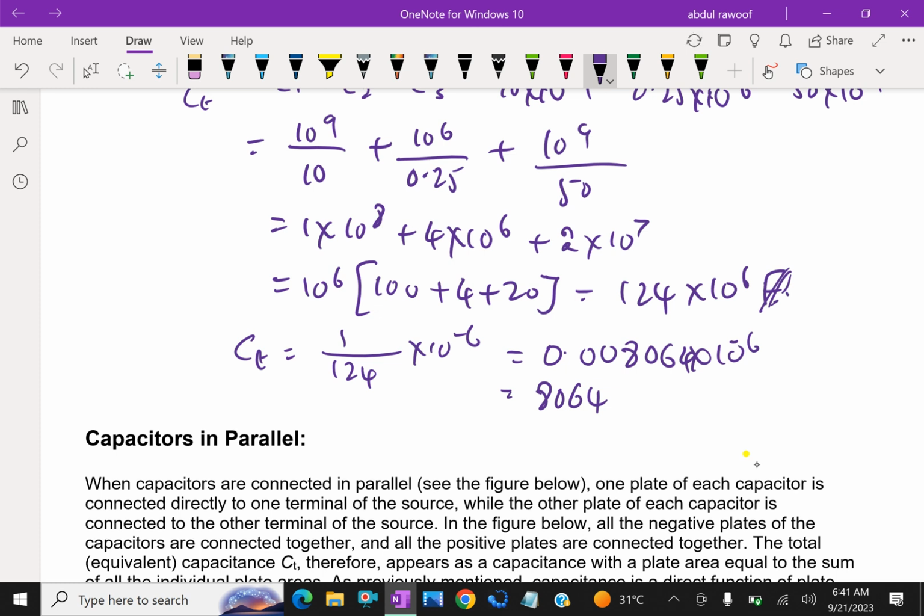This is minus here, so we have 0.00806 microfarad.